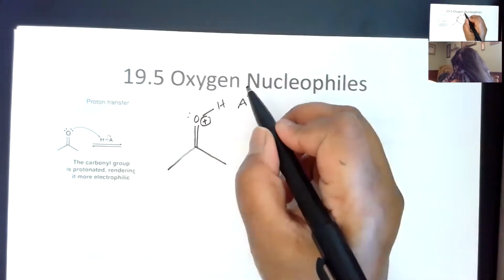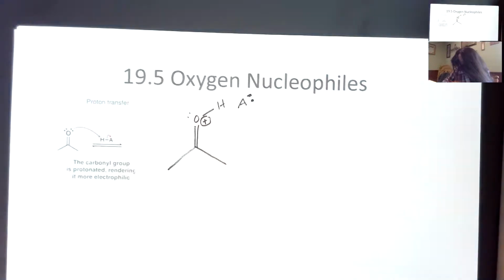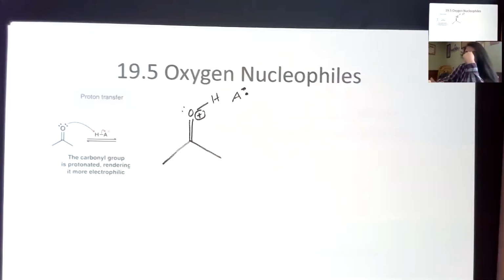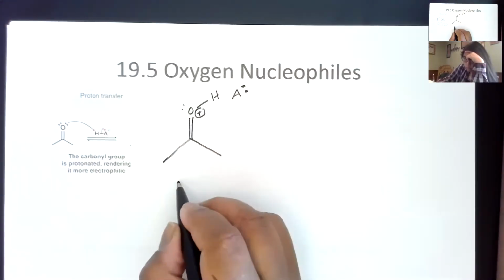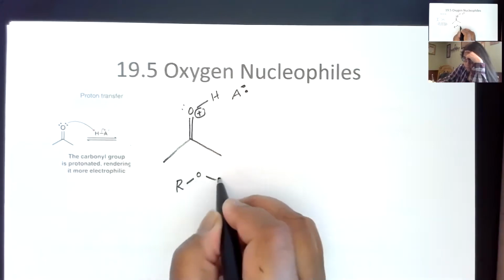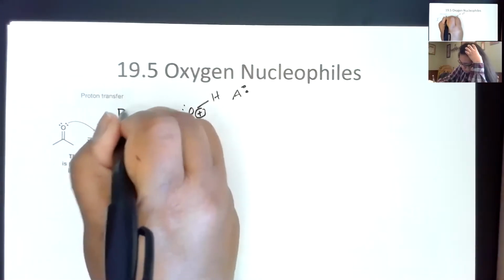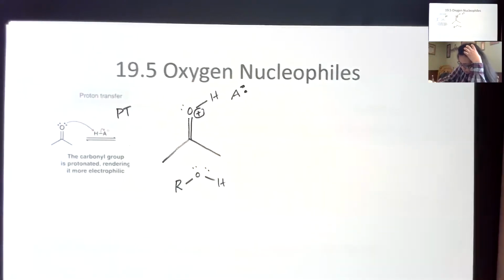He already has a positive sign, so he's going to become neutral, the way they've shown it. Now, next, you're going to bring in your alcohol. Proton transfer. Now we'll make half the acetal and then the full acetal.